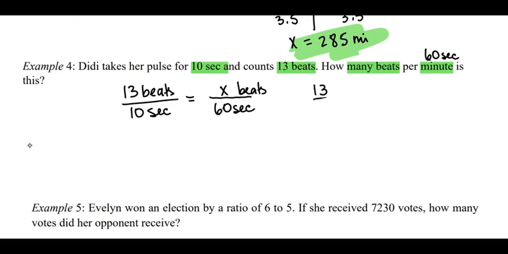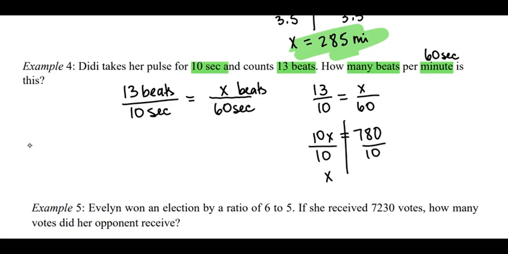I have 13 over 10 equals X over 60. Very simple cross products. I have 10X equals, and then we just need to multiply 13 by 60. 780. Divide by 10 both sides. X equals 78 beats per minute.